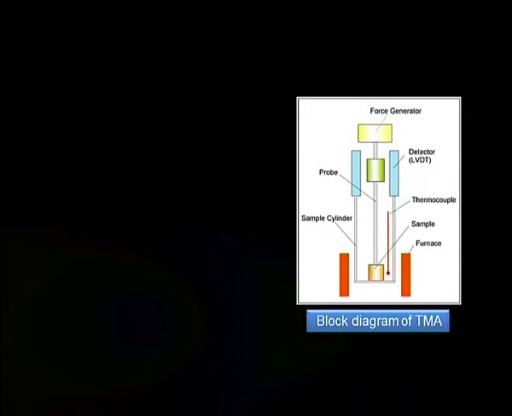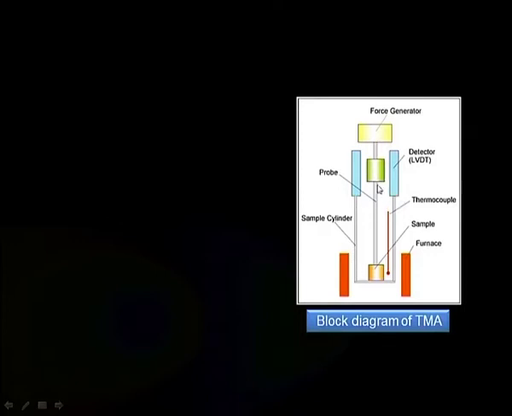For example, this is a block diagram of TMA. Here you can see that we have a force generator and we apply a force on the sample, which is here, and you can see the red one is the furnace and this is a sample cylinder.